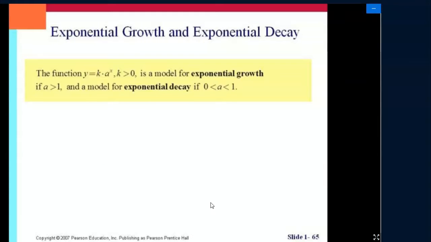The model we're going to really talk about today is an exponential growth and decay with a K value. So what I want you to do now is take out your graphing calculators and we're going to graph 4 to the x minus 3.